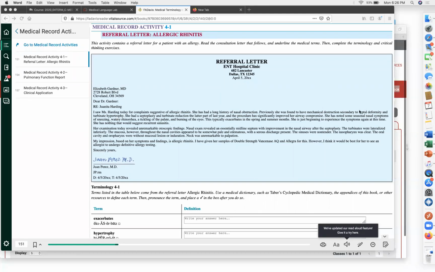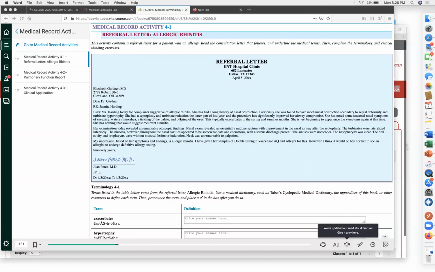On top of the septum was also deformed. What did we do? What did we do for her in the past? Well, she had a septoplasty. What did we do to that septum? Did we A, remove it? B, did we sew it up? C, did we repair it? D, we did nothing. Of course, plasty means repair.